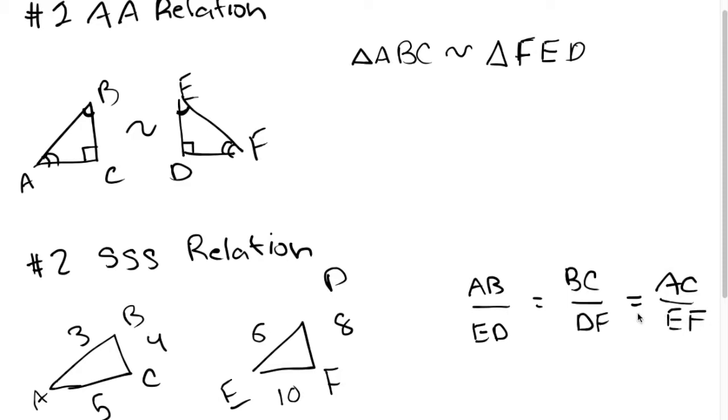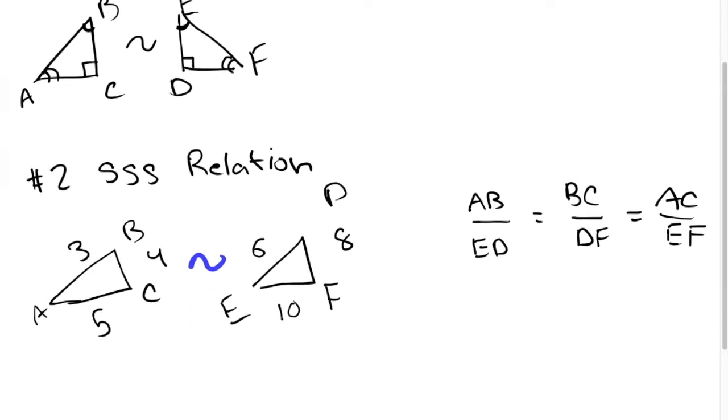Basically, when we plug in the different sides, whatever the case is, this equation has to hold true. If all the sides are proportional, that means both of these triangles are similar. Let's make sure this equation works between these triangles.